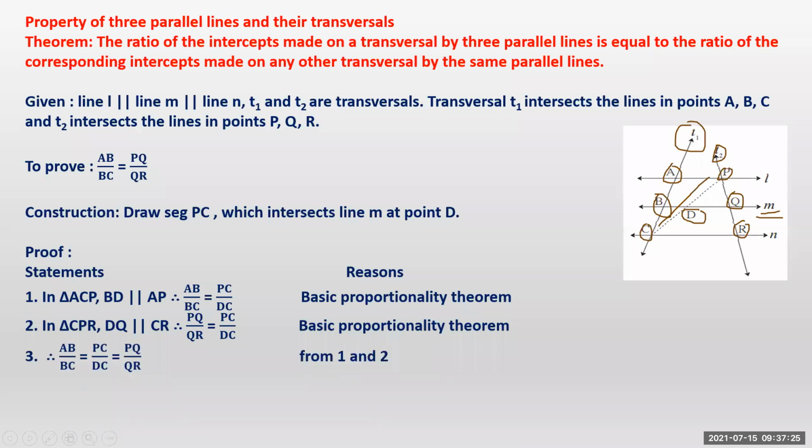Therefore, AB upon BC equals to PD upon DC equals to PQ upon QR. So from statements 1, 2, and 3. Is this clear to all the students? Any difficulty in understanding this?